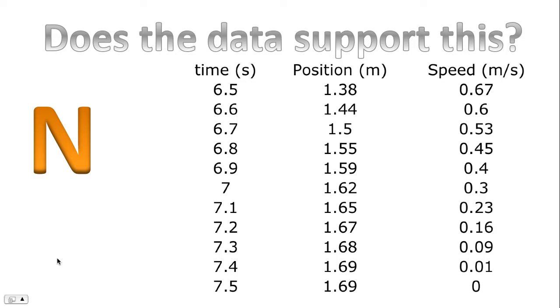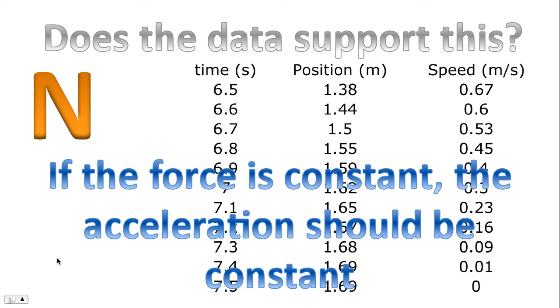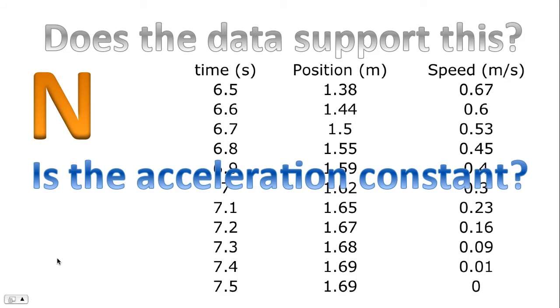This is one of the reasons why for 10 of the trials, I gave you the data in greater detail. If the force is constant, then the acceleration should be constant, given that the mass does not change. So is the acceleration constant? Does the data support this?